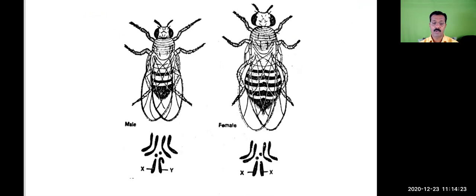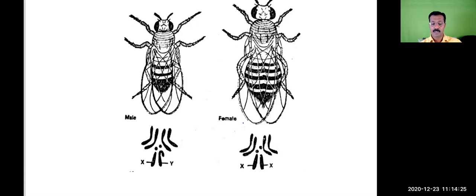So in this figure, you may see the body chromosomes. There are 3 pairs, that is 2, 3 and 4. The fourth one is very small. And the sex chromosomes are X and Y. So that is what we have to show. In the female it will be X and X. That is all you have to show with these chromosomes. If it is possible, you may draw this diagram as male and female.